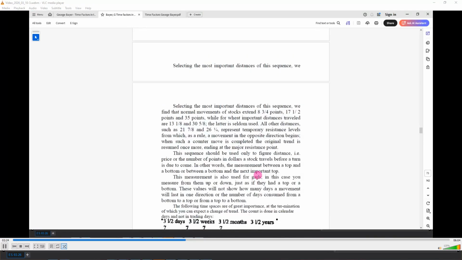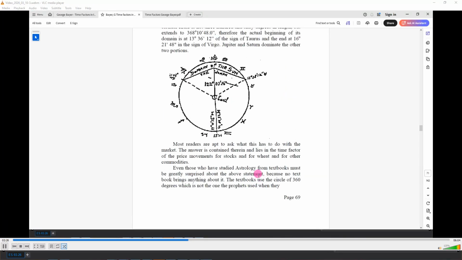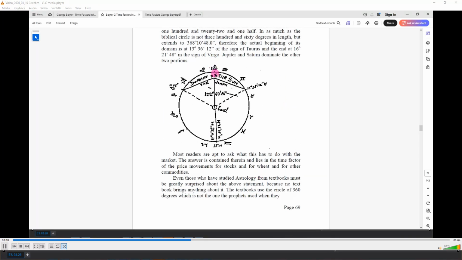Now, backing up to the diagram again, the center of this 122.5 degree domain of the sun is at 15 degrees of Cancer. Now, he's also talked about Leo. I want to mention here that the 15 degrees of Leo point, which Bayer had talked about in his Bible interpretations, he just kind of glosses over it here.